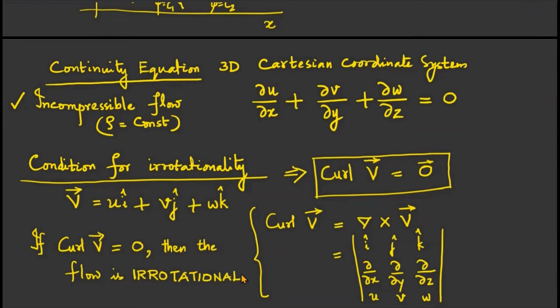If u, v and w are given, you will be in a position to find the curl of the velocity vector. If that happens to be a zero vector, then the flow is irrotational. If it is not a zero vector, if the curl of the velocity vector exists, then the flow is rotational.